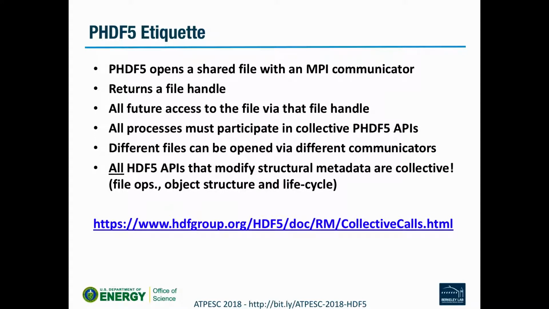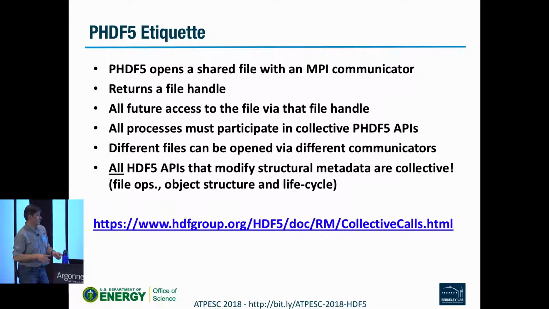If you want to use two different communicators, that's fine. Just open the file with two different communicators. It's all fine. And this is sort of the collective call gospel document. Anything that modifies the structure, like the groups and the attributes, the sizes of data sets, anything that modifies those parts of the user-visible metadata in the file, you have to do collectively.